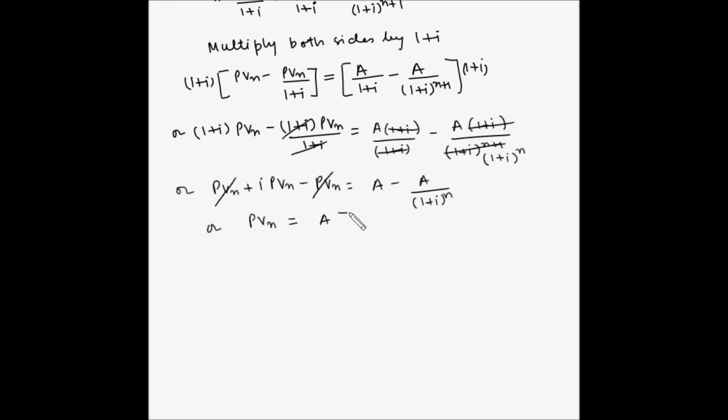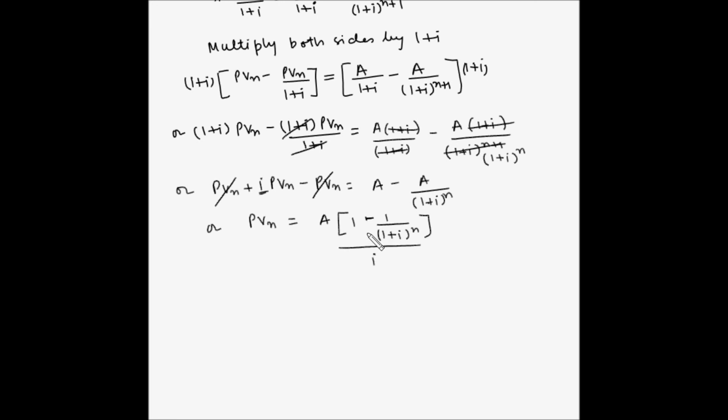So A into bracket 1 minus 1 divided by (1 plus I) to the power n, divided by I. This I is this I here. I mean, this can also be used as the formula. However, this is little complex to remember. So let's simplify it further.